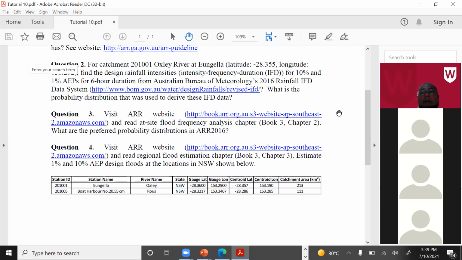Ali Ahmed, can I share my findings? You got it? Okay, tell me. For 10% AEP, it is 2,420 cubic meters per second. This is the discharge, and for 1% AEP, it is 6,980 cubic meters per second. So that is for your first catchment, is that right? Yeah, the first catchment, sir.